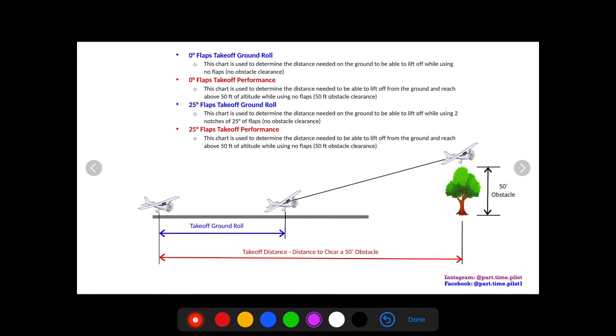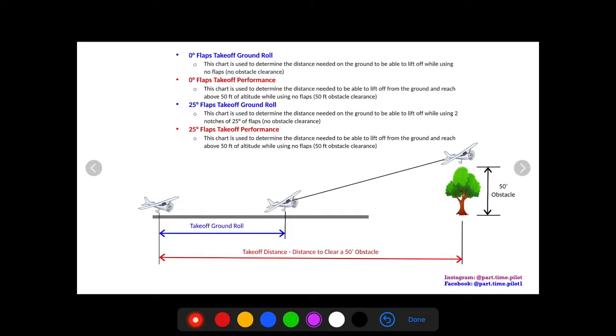Okay, so the four charts here for takeoff are 0 degree flaps takeoff ground roll, 0 degree flap takeoff performance, 25 degree flap takeoff ground roll, and 25 degree flap takeoff performance. Now when you talk about ground roll, you're going to talk about this distance here.